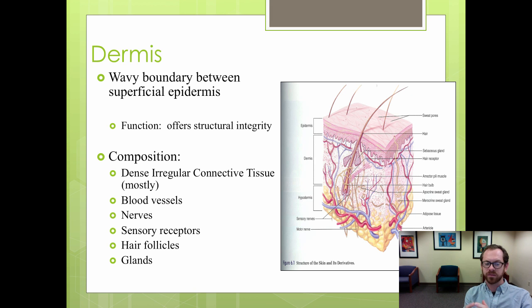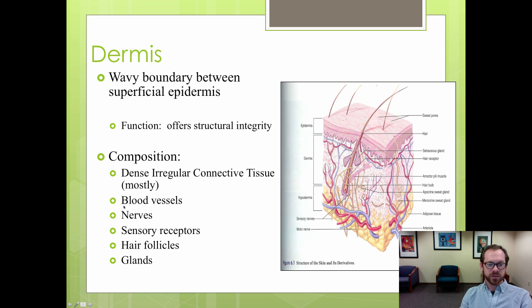Remember, the arrangement of the dense, irregular connective tissue was kind of haphazard, with random collagen fibers moving all over the place. And that allows this connective tissue to be strong and resist stress in multiple directions.